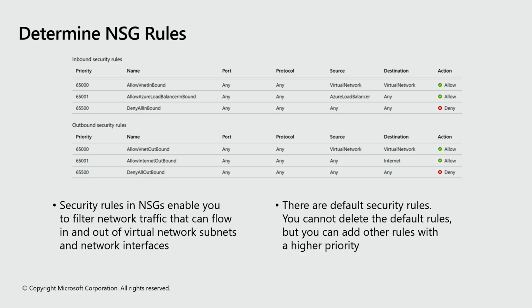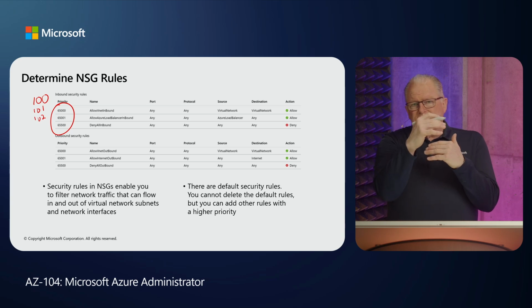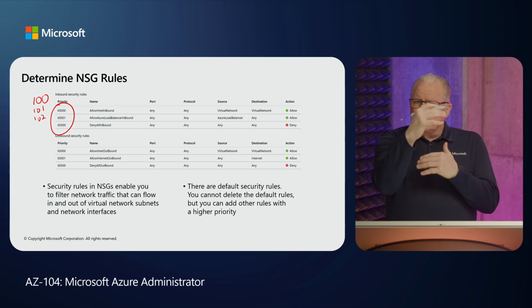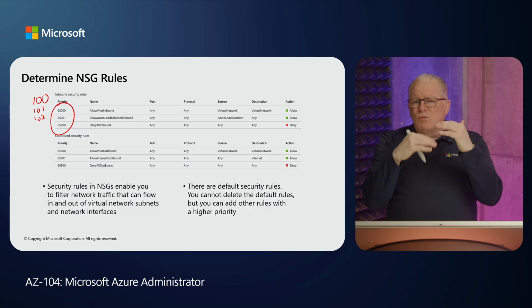Now you'll see that we have a wide variety of rules that we can work with, and the default number that we start with is 100. We can have any number between 100 and 65,000 that you can now build. Now I would tend not to go to 100 and then have one at 101, at 102. You want to make sure that you have enough space that as your networking requirements grow over time, you've got some room to insert things without having to renumber them.